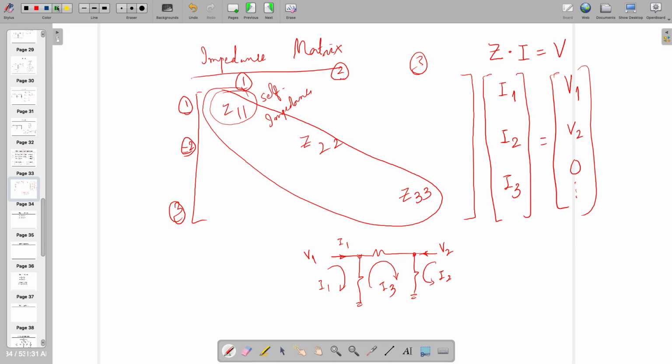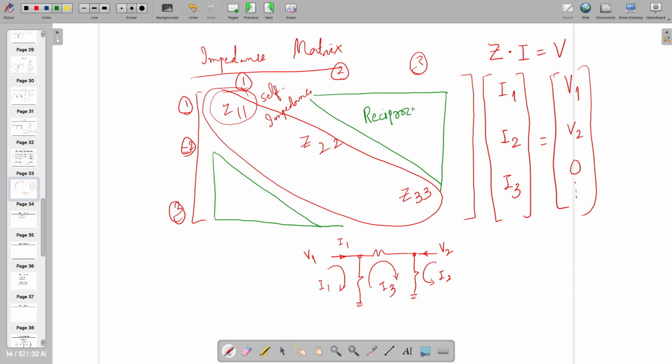One more thing we have observed: the same matrix you see here, you see here as well, meaning the upper side impedances are equal to the lower side impedances. Such kinds of circuits are known as, what do you think? Those are known as reciprocal networks.